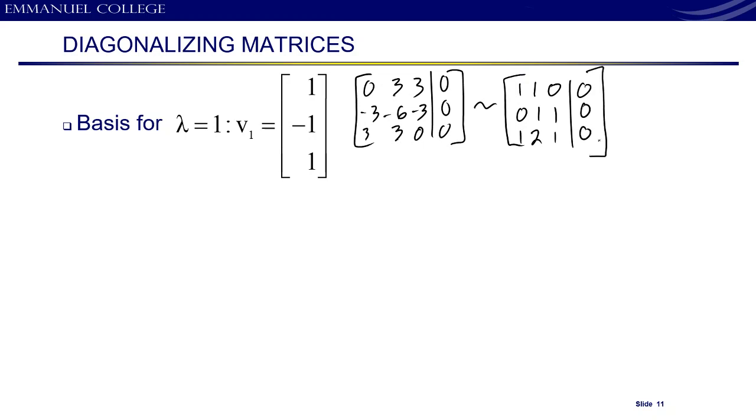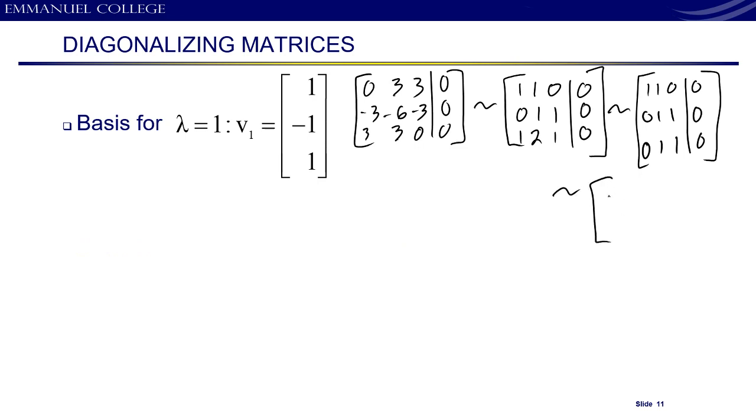And then what you'll notice is if I do negative row 1 added to row 3, I get 1, 1, 0, and this row doesn't change, but then I get 0, 1, 1. What that's going to leave me with is 1, 1, 0, 0, 1, 1, and then a row of zeros.